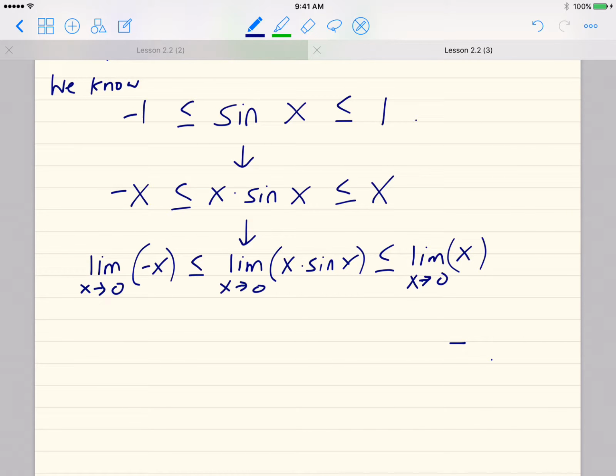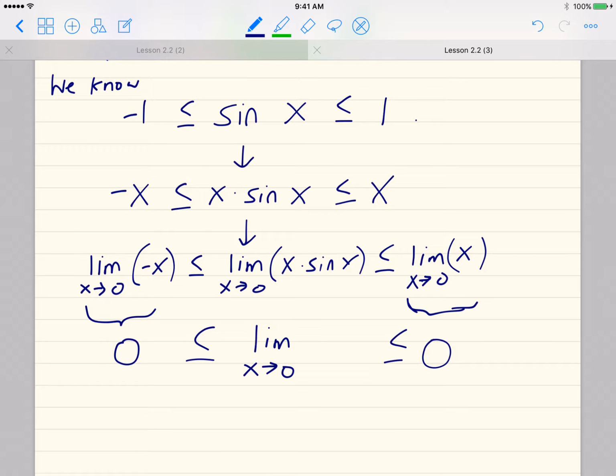But we know that the limit of -x as x approaches 0 is 0, and the limit of x as x approaches 0 is also 0. So now take a look at this. The limit as x approaches 0 of x times sine of x must be in between 0 and 0.